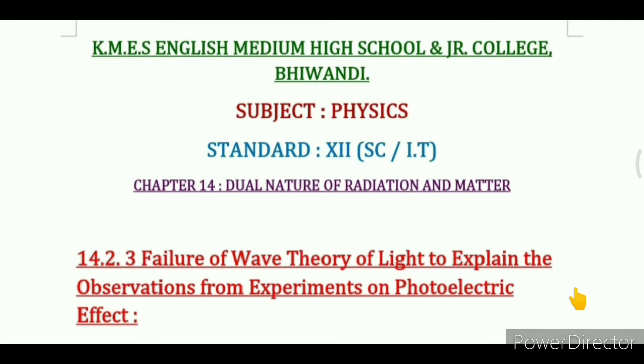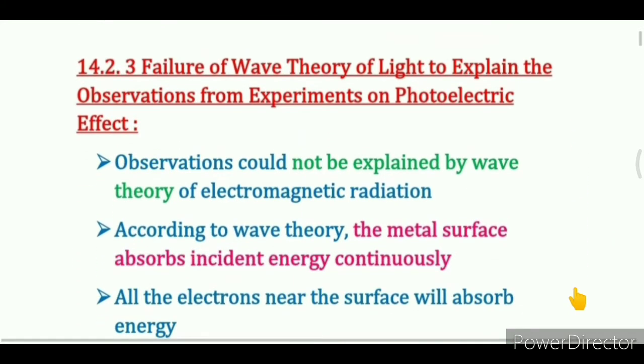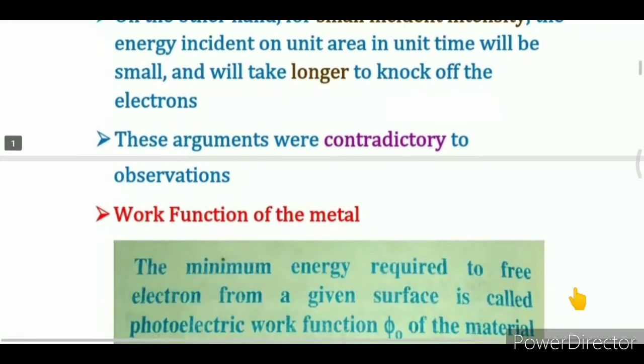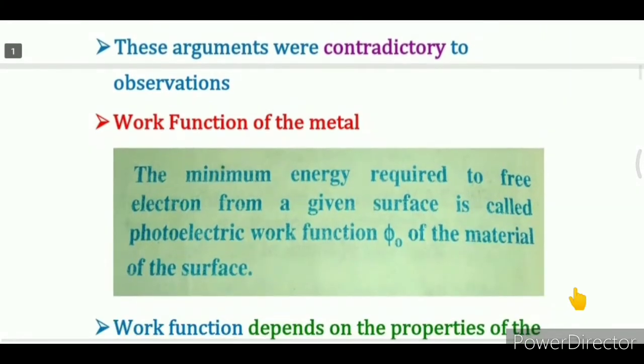After discussing the failure of wave theory of light to explain the observations from experiments on photoelectric effect, in the chapter Dual Nature of Radiation and Matter, we had seen the important phenomenon called the work function, defined as the minimum energy required to free an electron from a given surface.